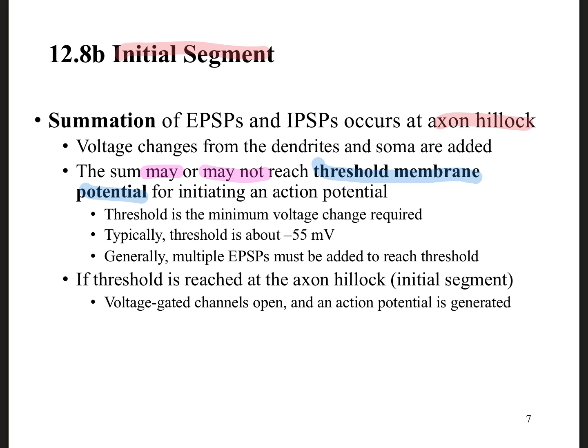Or IPSPs are added, and we return to resting membrane potential, possibly getting hyperpolarization. If we don't reach threshold, there's no action potential generated. But once we reach threshold, what happens? Once we reach that critical voltage, what happens on the initial segment?